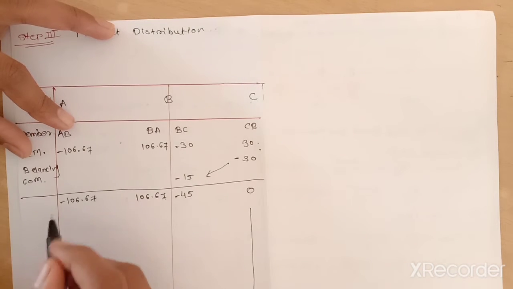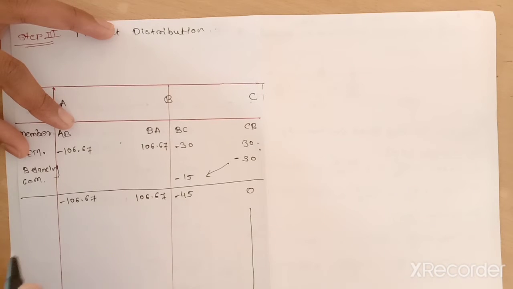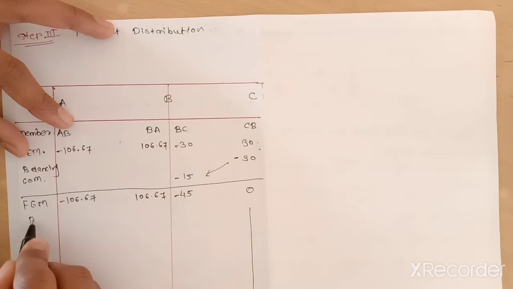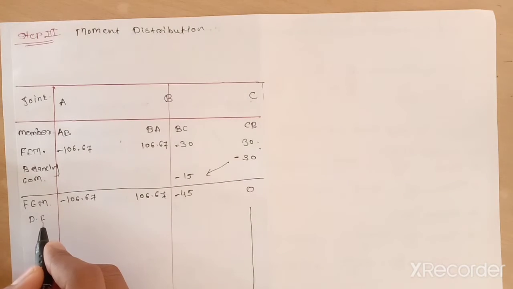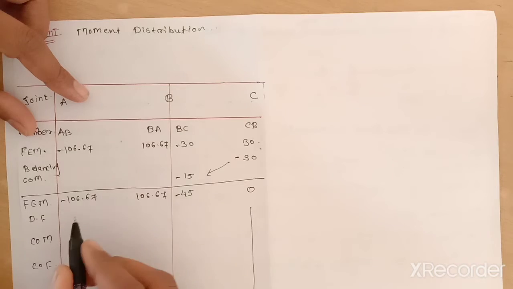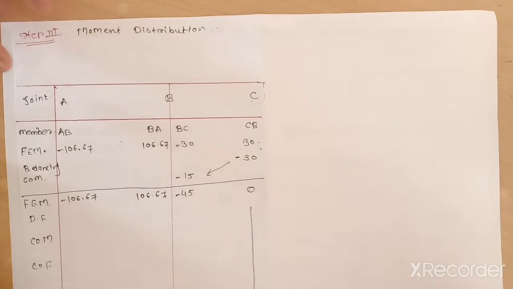Then next, here we consider fixed end moment. Then next, distribution factor, coefficient of movement, and then last, coefficient of factor. So distribution factor for BA we already calculated in the second step.